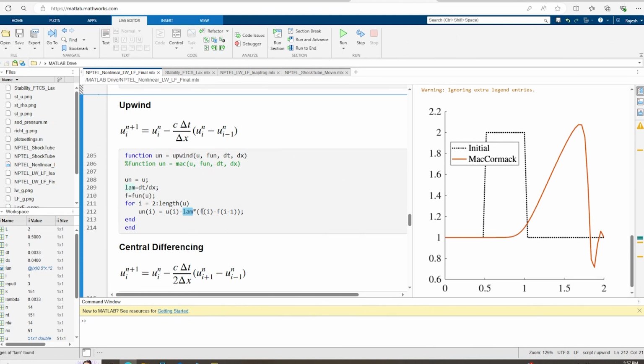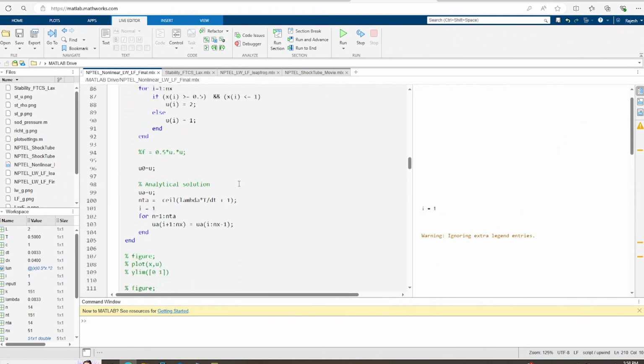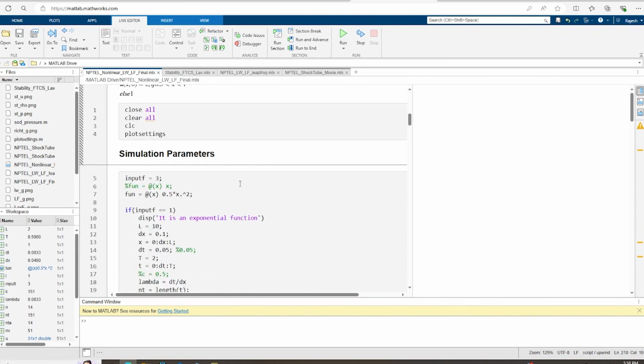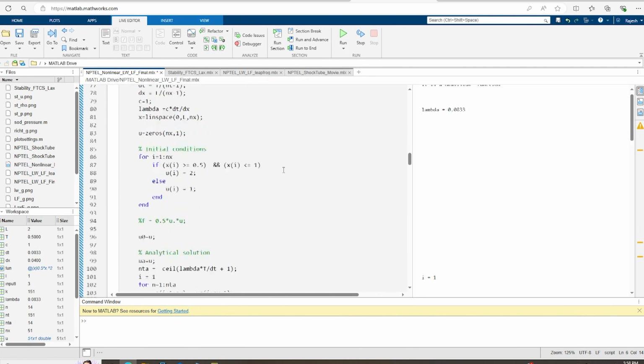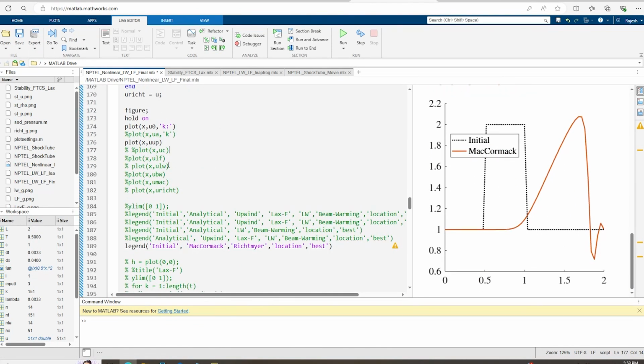And I just changed u i to f i. First I will use a linear function, which is just x, so f is equal to u. So, we are solving del u by del t plus del u by del x equal to 0, and looking at different schemes. Start with the upwind scheme.